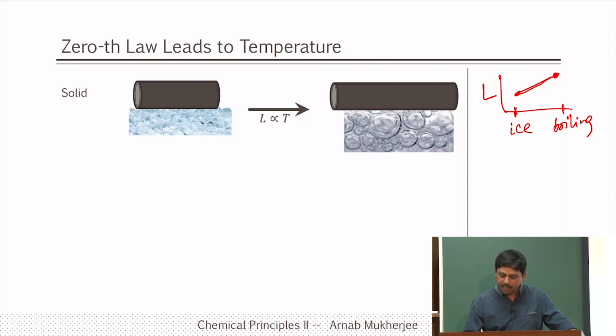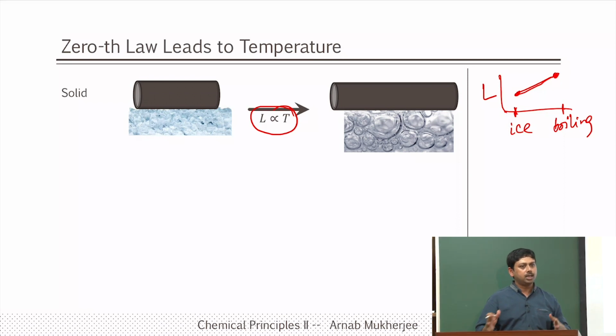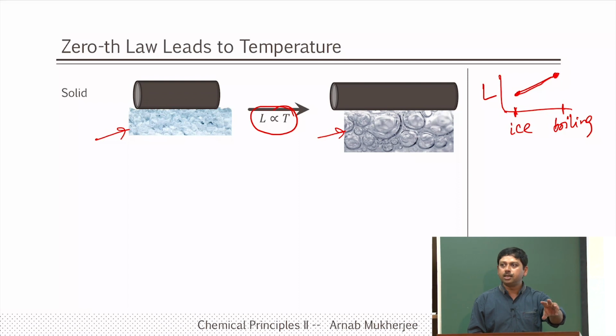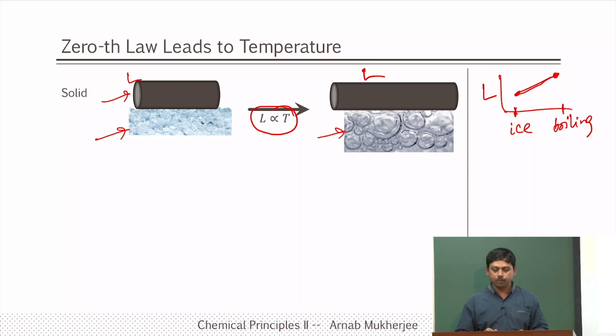So, the length is associated with, or proportional to, the temperature, because we know that boiling water is hot, ice is cold, and at two different stages of equilibrium we will have a particular length associated with the metal object in these two different situations. So, now we are associating the length with the temperature of the object.